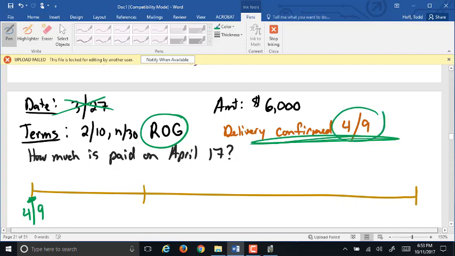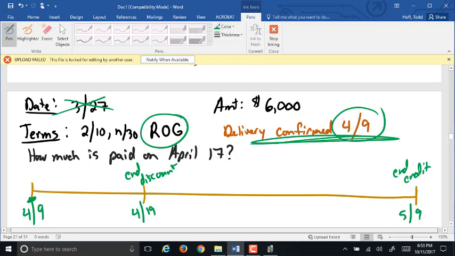So the effective date of the invoice becomes April 9th. What is the end of our discount period then? 10 days would be 4/19. End of our credit date? 5/9, right? That'd be 30 days.